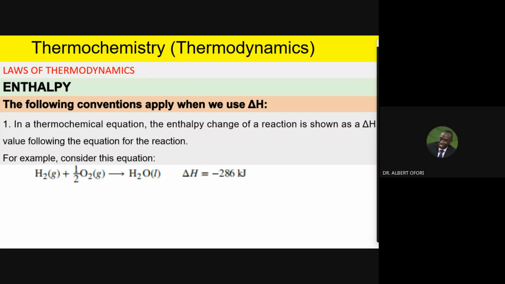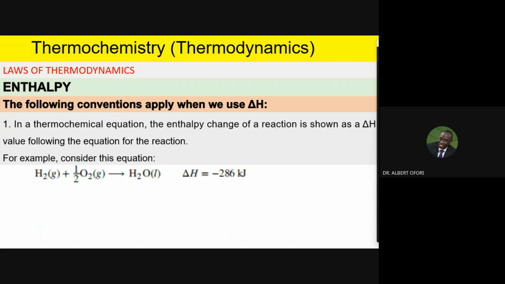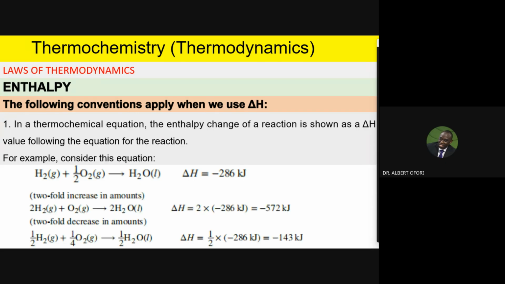If I multiply this equation by a factor of 2, then that enthalpy change must also be multiplied by a factor of 2. If I divide the equation by 2, then the enthalpy change must be divided by 2. Will you remember that?